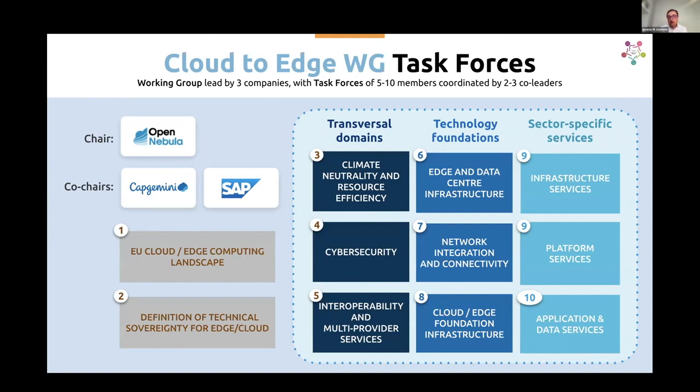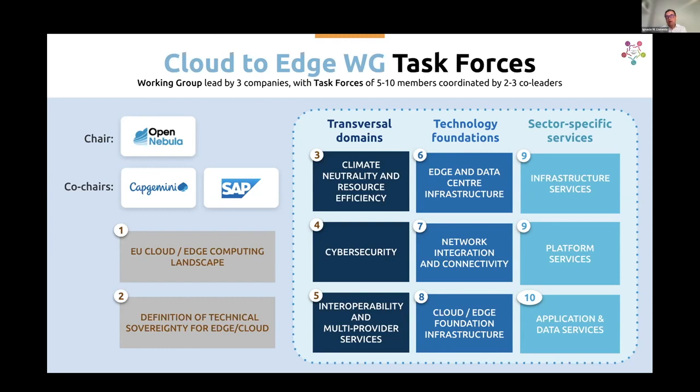A second task force is about sovereignty, but it's not only data sovereignty, it's mostly about technology sovereignty, okay? And then we have 3 transversal task forces. One is for climate neutrality and resource efficiency, another for cybersecurity, another for interoperability and portability.